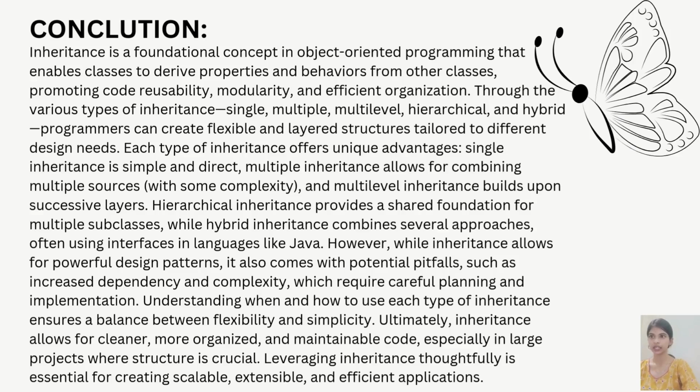Single inheritance is a simple, direct method. Multiple inheritance allows combining multiple sources, with some complexity. Multi-level inheritance builds upon successive layers. Hierarchical inheritance provides a shared foundation for multiple subclasses, while hybrid inheritance combines several approaches, often using interfaces in languages like Java.